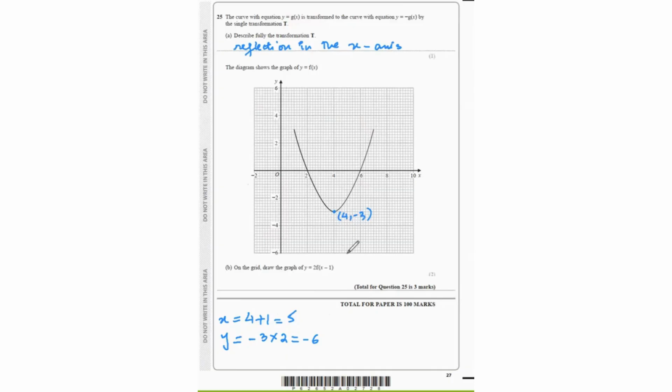So that's over here. And what you can do is pick other points on the graph as well. I would suggest whole numbers. So if you pick this one, we use a different color. This and this. This one is (1, 3). So (1, 3) becomes x equals 1 plus 1, that's 2. And y would be 3 times 2, that's 6.